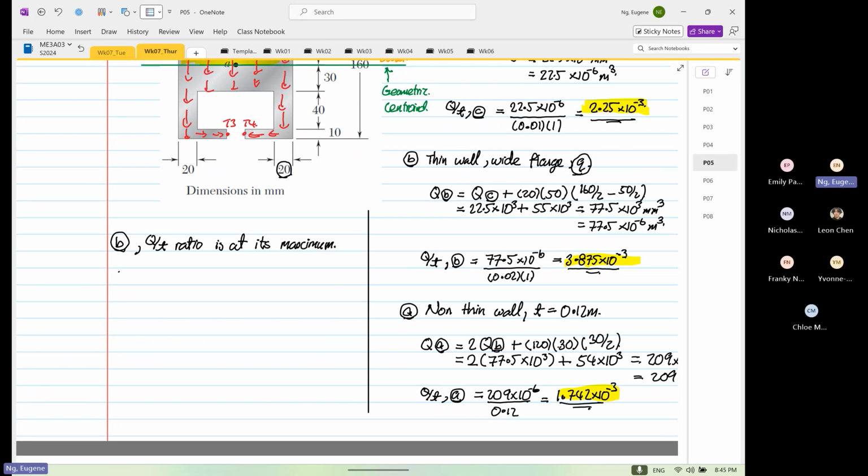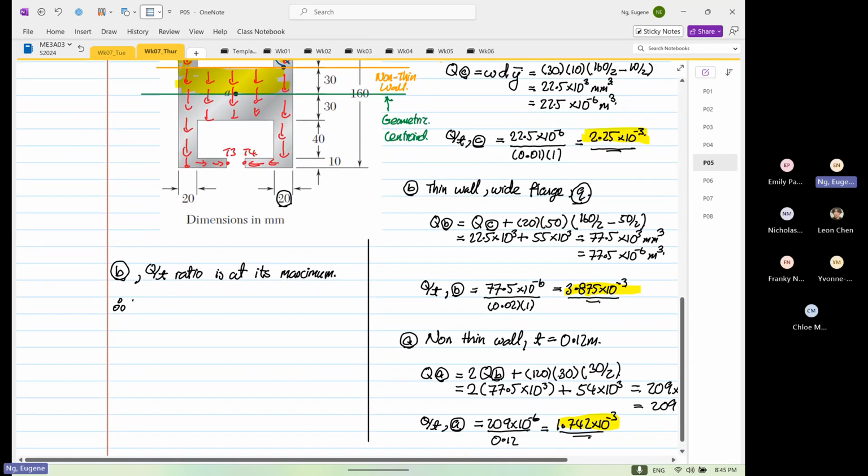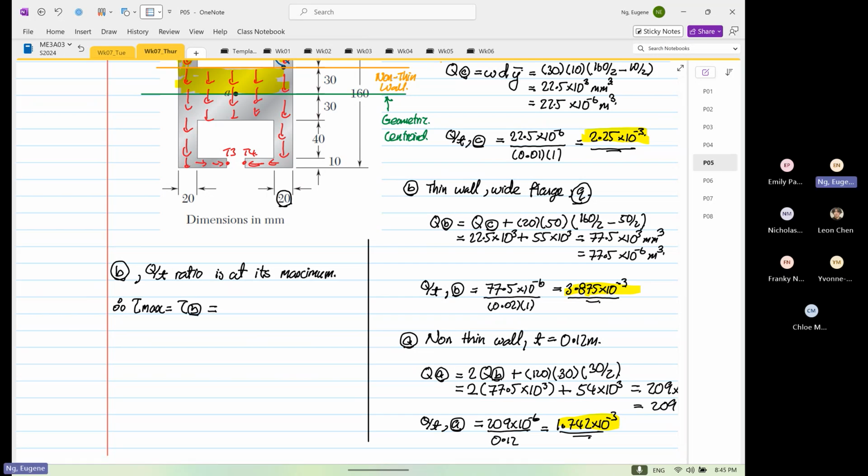So therefore, we know that the highest is 75. So therefore, tau max is equal to the shear at point B, and this is equal to V over I multiplied by 3.875 times 10 to the power minus 3.